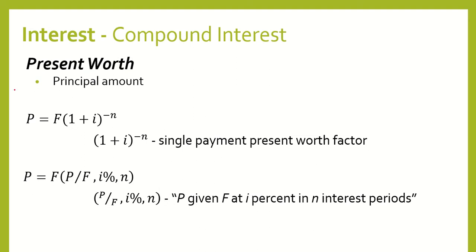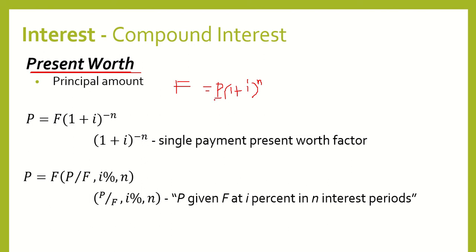Then the P will be the present worth. We'll just have to use cross multiplication methods so that we can get the value of P using our formula F is equal to P times the quantity of 1 plus I quantity raised to power n.